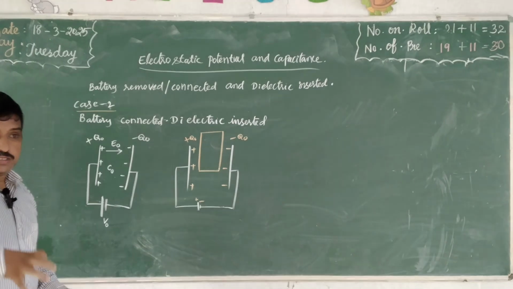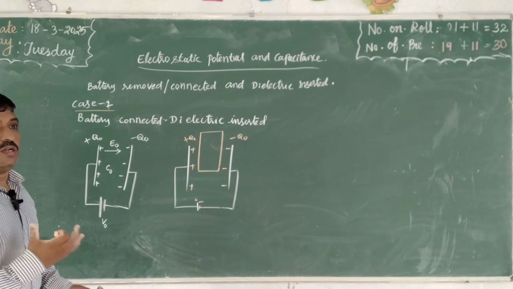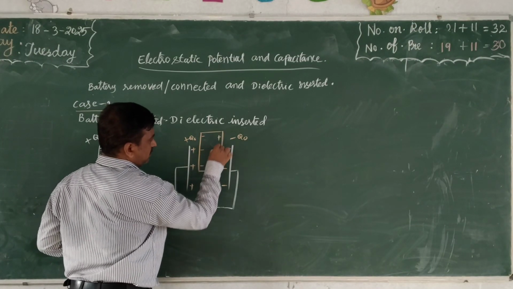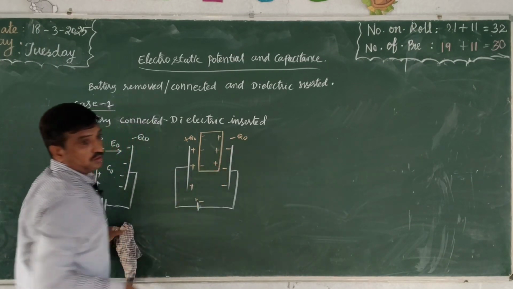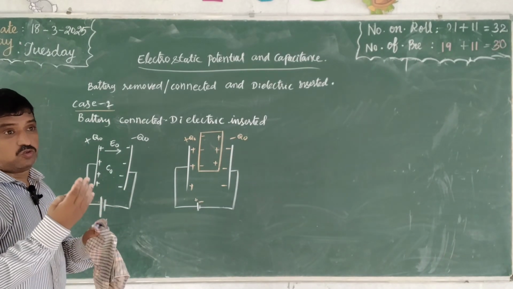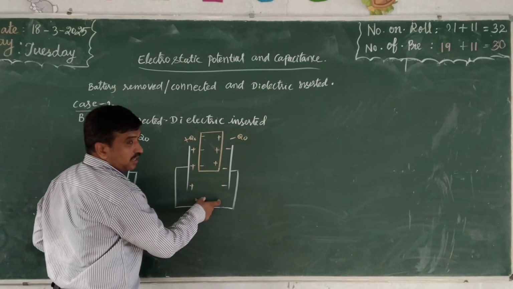When the dielectric is inserted between the plates, definitely the charge is polarized. Here minus charge, here plus charge, because there are atoms and molecules with charges in it. All positive charges are polarized to one side and all negative charges to the other side because of the external electric field.